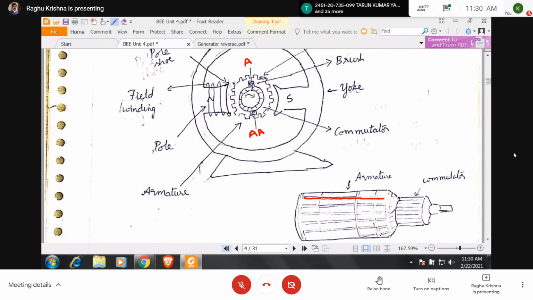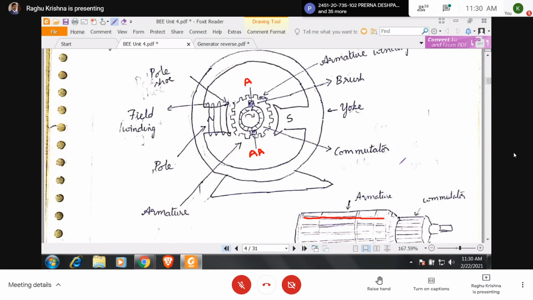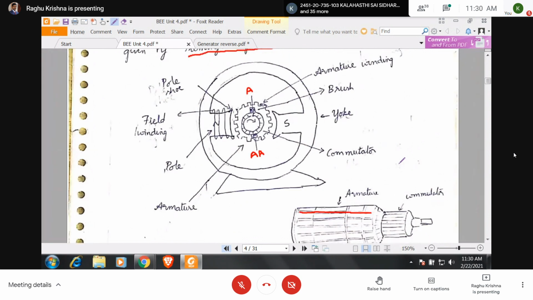Now if you apply DC voltage to this, we are going to get mechanical power. So the same machine can be used as a generator and also as a motor. That's why it is called a DC machine. If you apply mechanical power and rotate this rotor, you get a DC voltage.